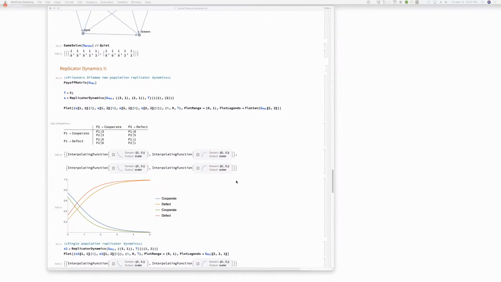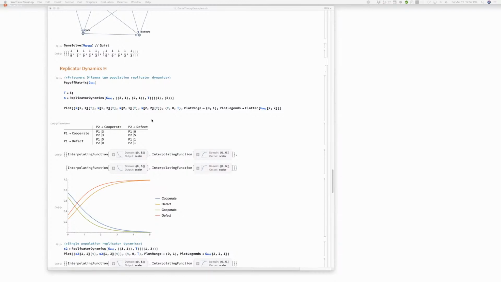So presumably, in the actual structure of this, there should be a way, taking the game object, that for a given game object there is a set of differential equations which are the replicator dynamics for that game object. Is that true? Yes, this is done internally in this replicator dynamics function. And this is with the single population.